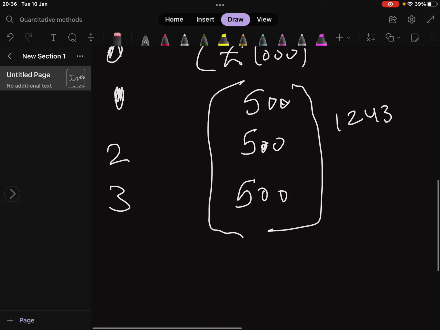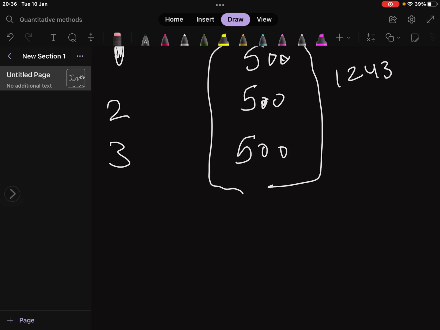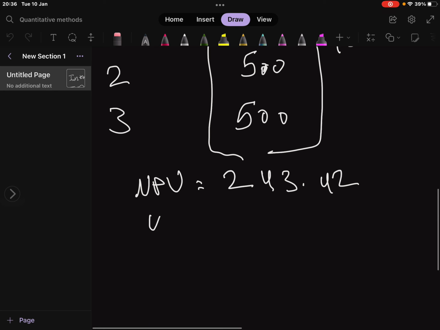So, to cut the story short, the net present value will equal £243.42, given that R equals 10%.